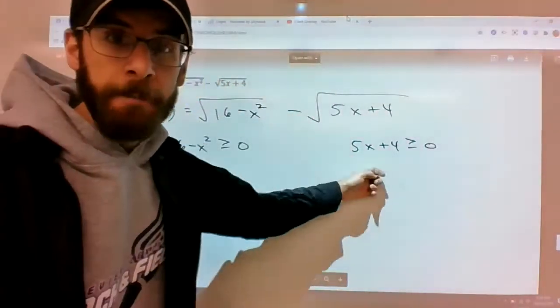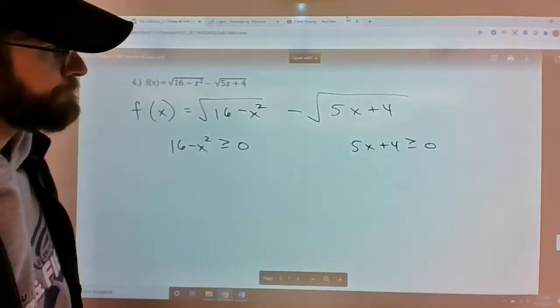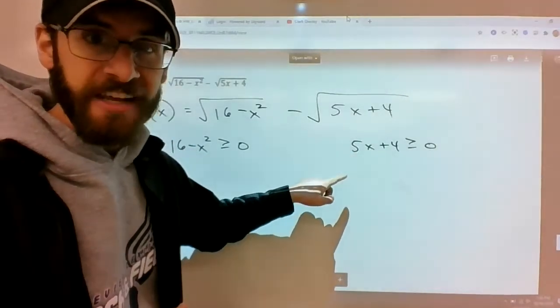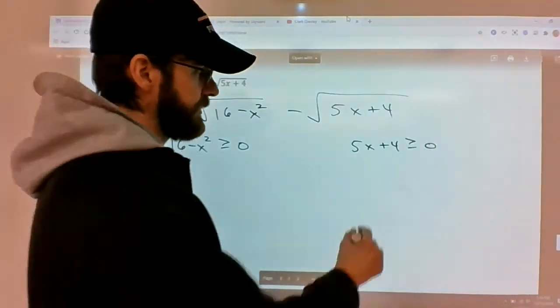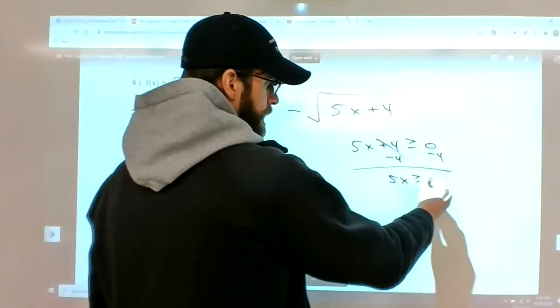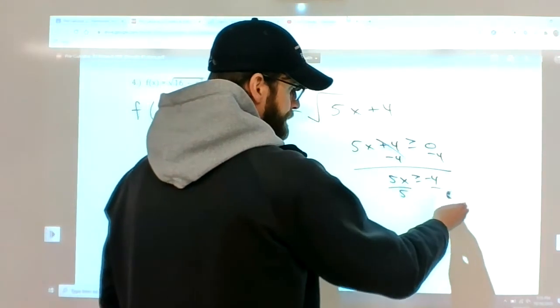It's got to satisfy both of these parameters. So because there's no squares or fractions in this one, we can just get x by itself through traditional means. Subtract 4 from both sides, and divide by 5.